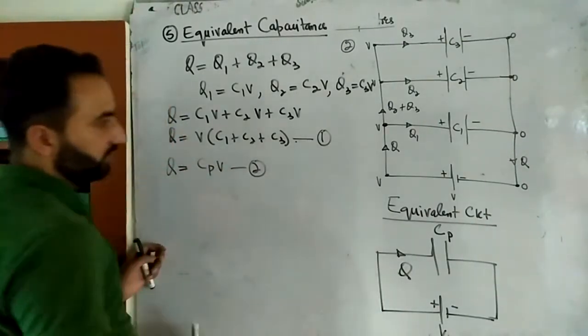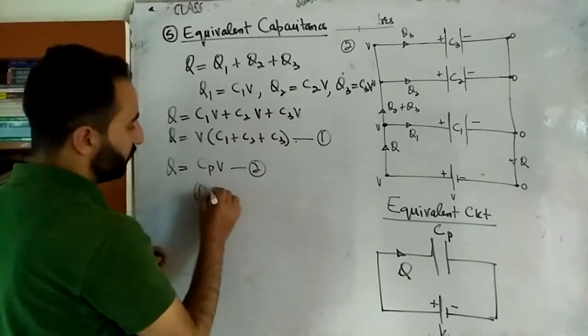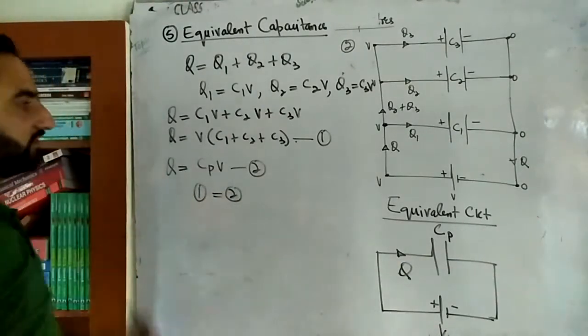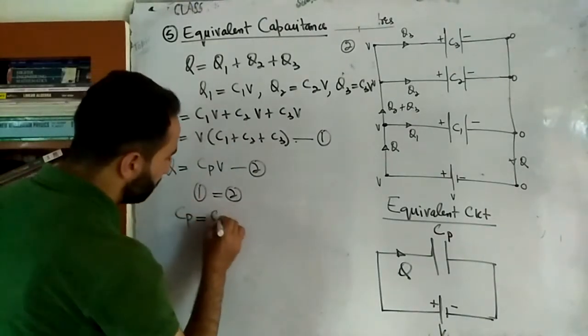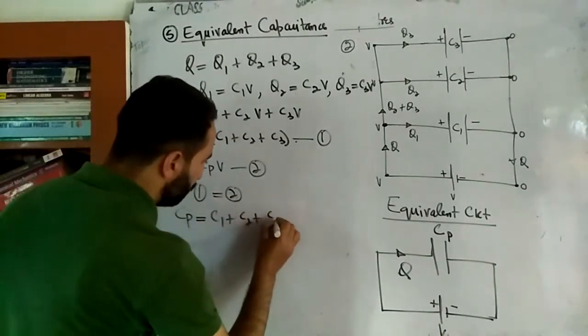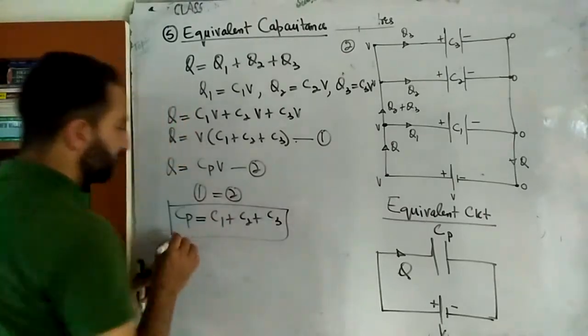For this equivalent circuit. So first equation equals second equation, because their LHS is the same, so RHS has to be the same. V and V will cancel. Simply we have Cp is equal to C1 plus C2 plus C3, opposite to that of the resistances.